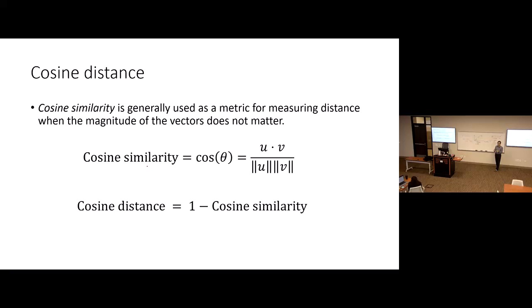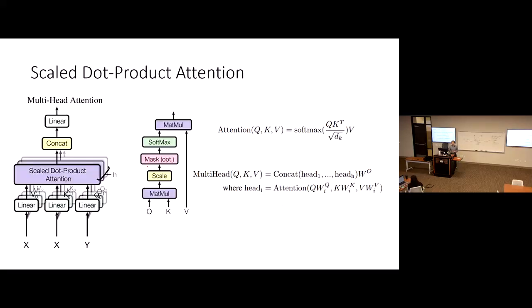In that way, you still have a range of -1 to 1. As I mentioned, this cosine distance is much more commonly used in data science.